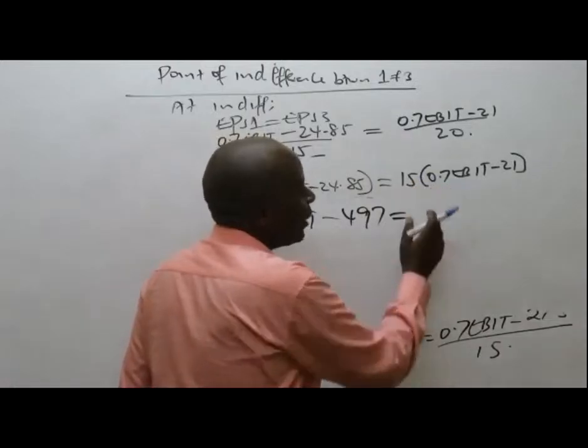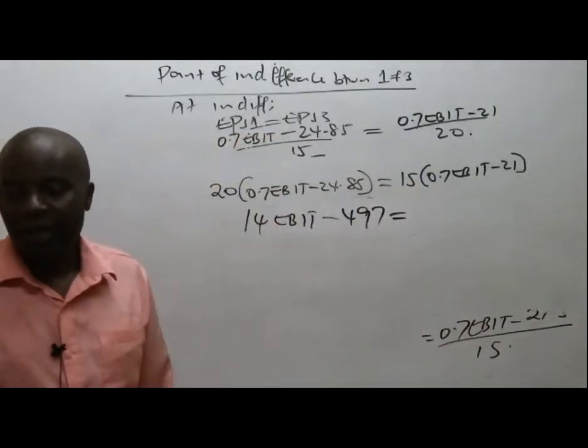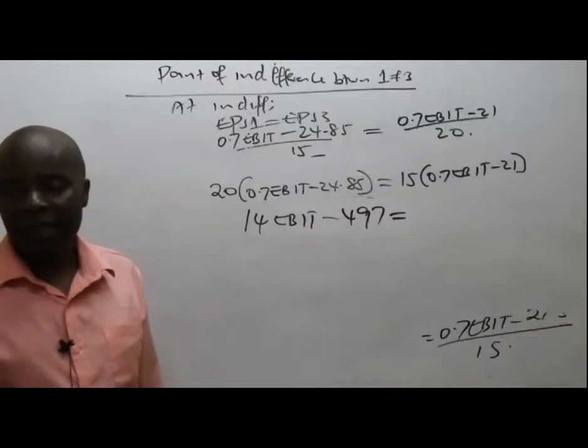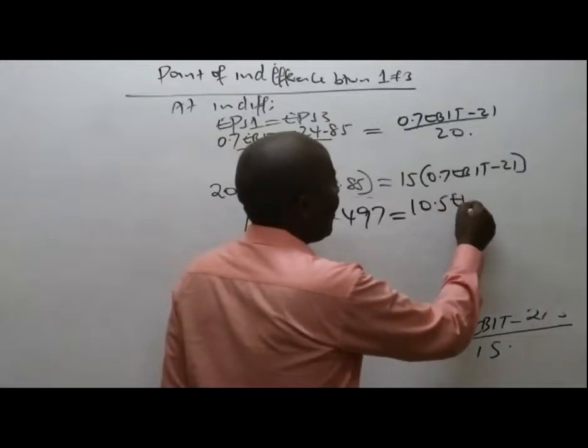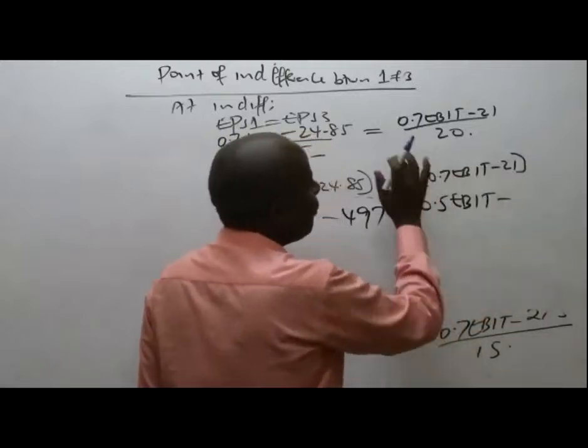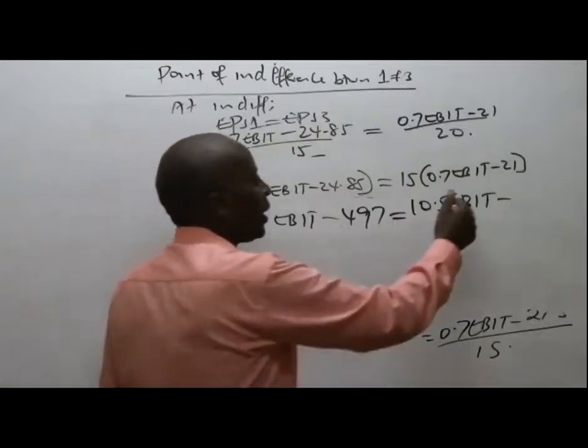How about 15 times 0.7? That is 10.5 EBIT, minus 21 times 15, which is 315.